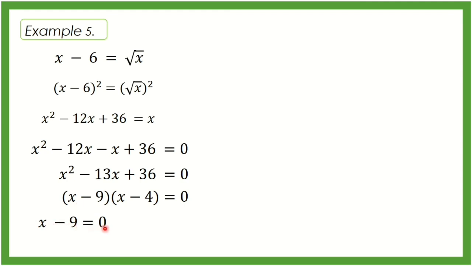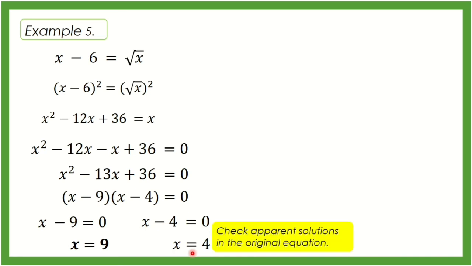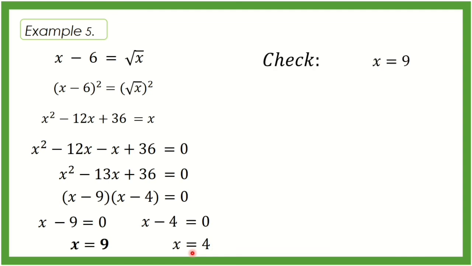X minus 9 is 0. Solve for x. X is equal to 9. And then, yung x minus 4, equate natin sa 0. Then, solve for x. X equals 4. And then, check natin yung mga solutions na nakuha natin sa original equation.